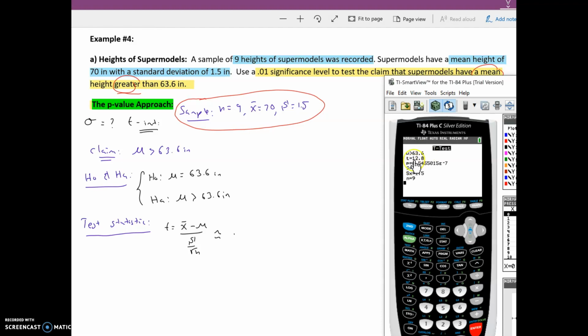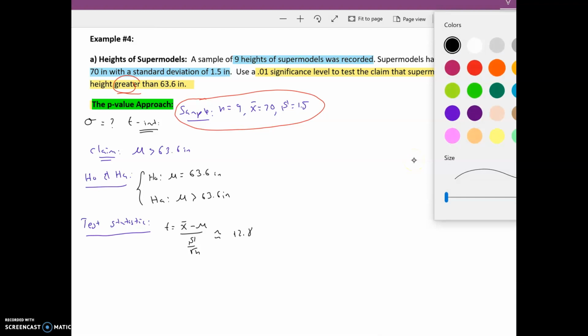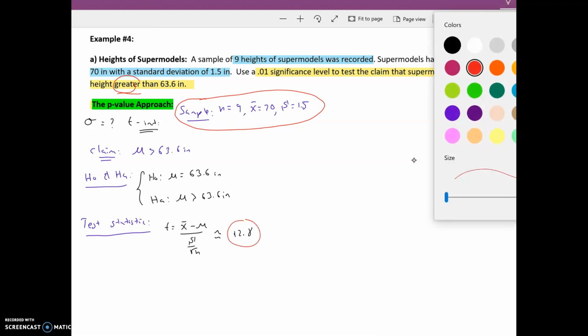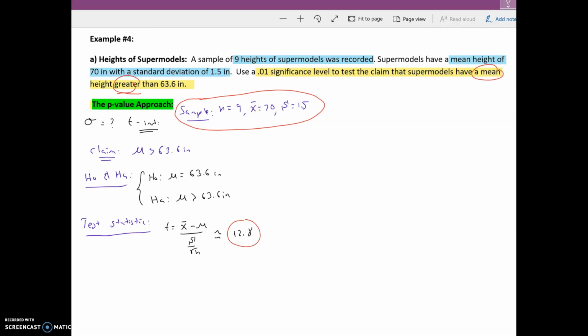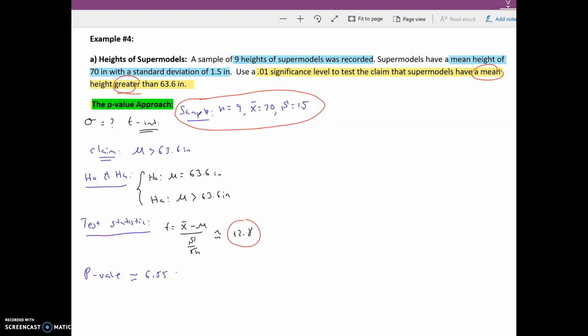So in this case, 12.8. The p-value is the one that I was accidentally reading. So we're looking at the p-value, and this is the one that is 6.55 times 10 to the negative 7.